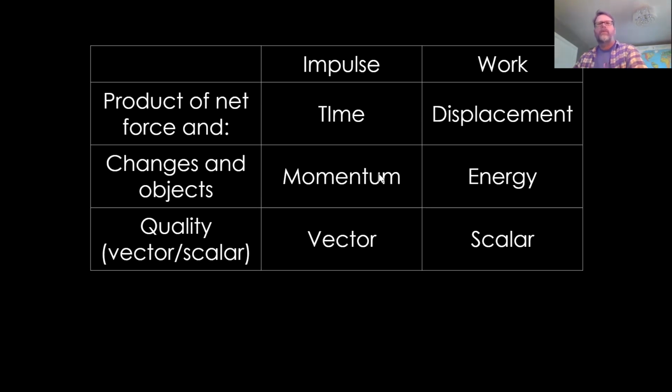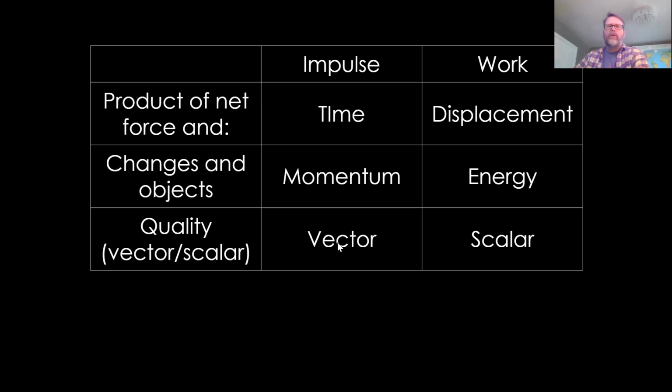The answer being that impulse is the product of force and time. Work is the product of force and displacement. Impulse is the change in an object's momentum, and work is the change in the object's energy. And impulse is a vector and work is a scalar.